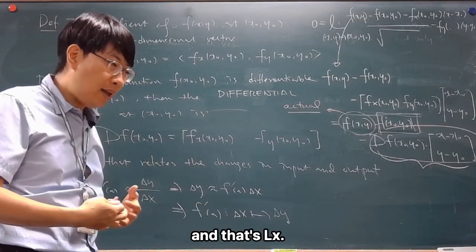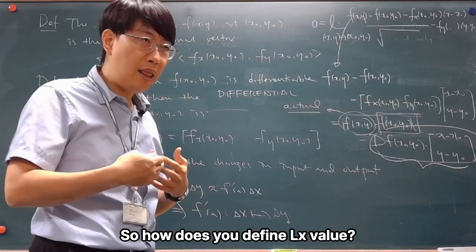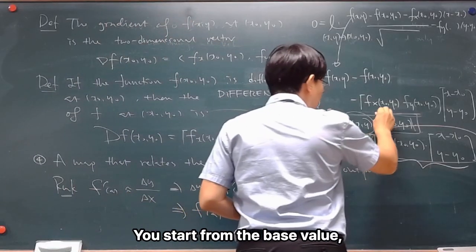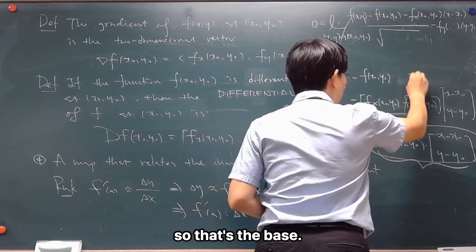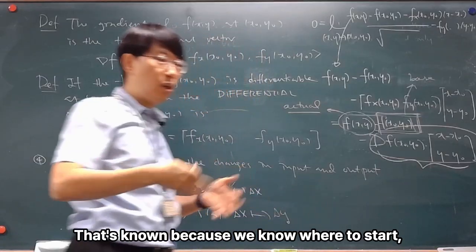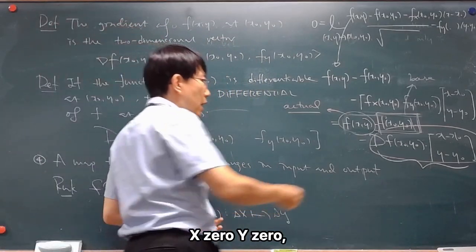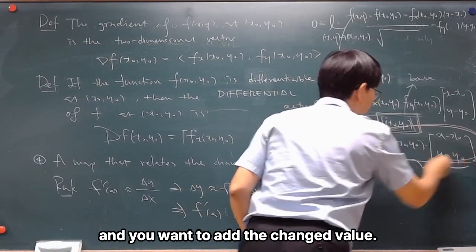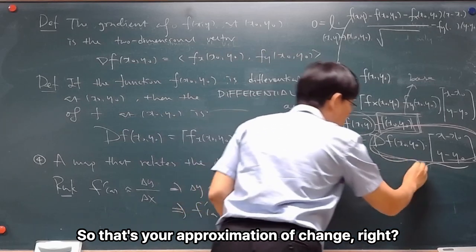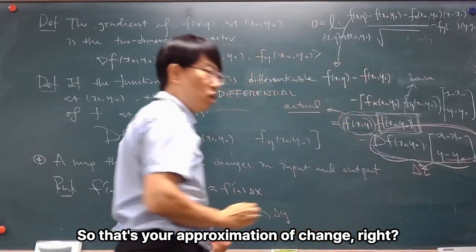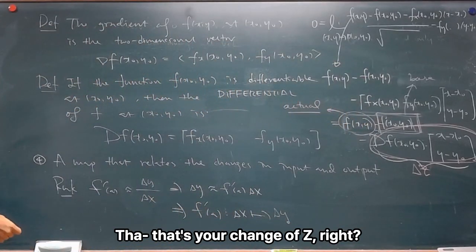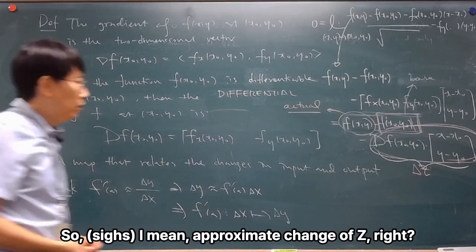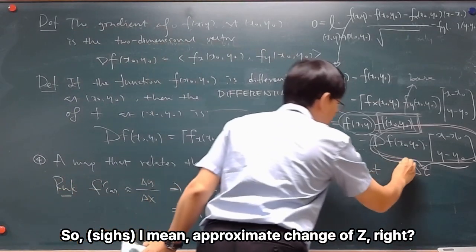You want to estimate by the linear function you defined earlier in the definition of differentiability, and that's L(x, y). How do you define the L value? You start from the base value. That's known because we know where to start, (x0, y0), and you want to add the changed value. That's your approximation of change, your approximate change of z.